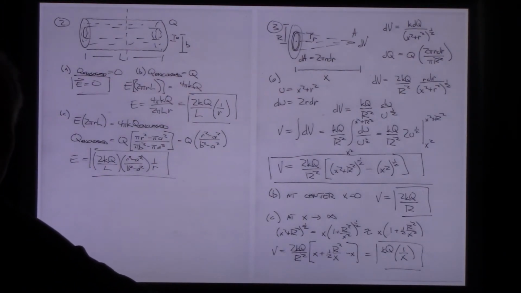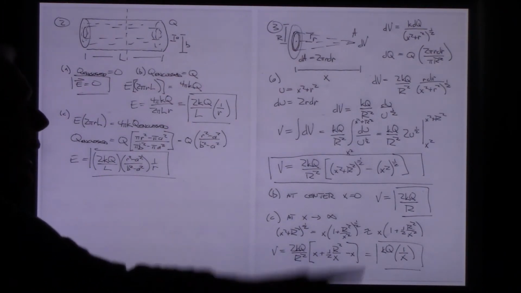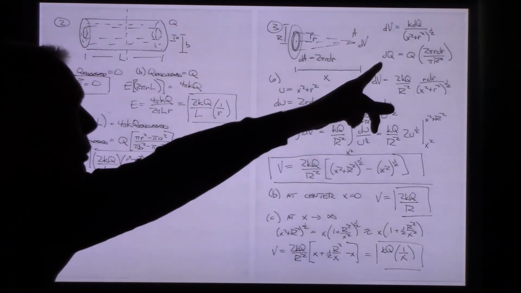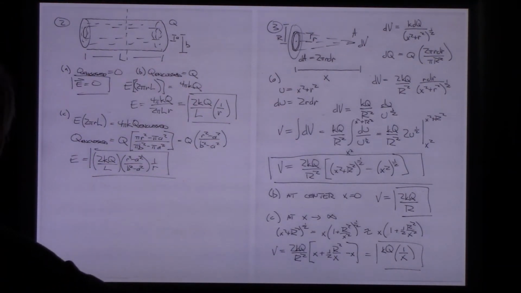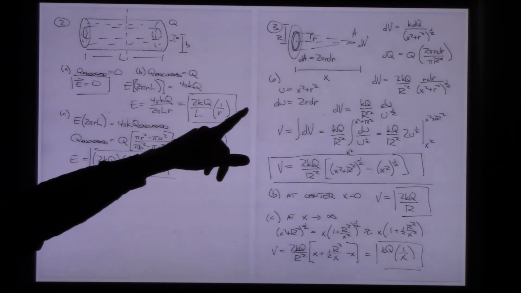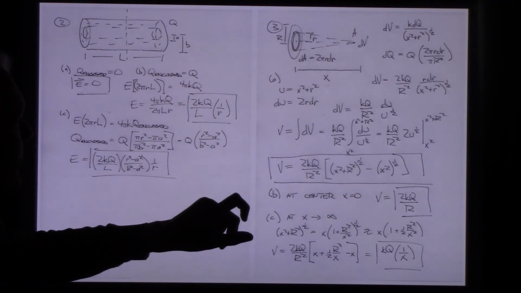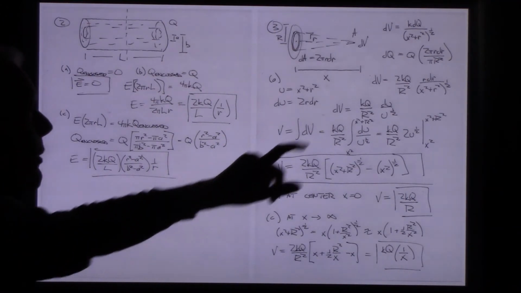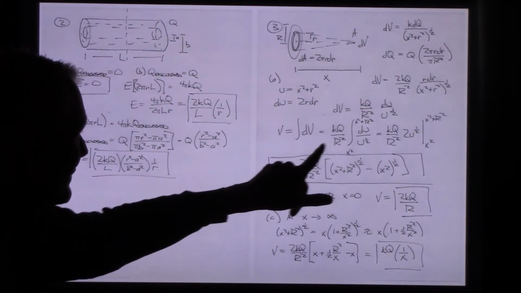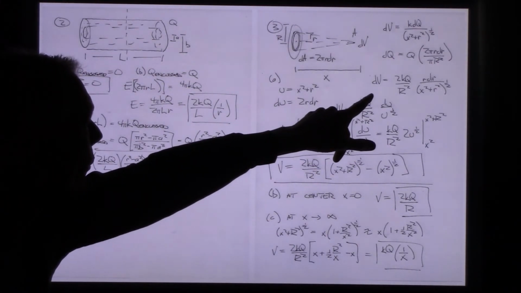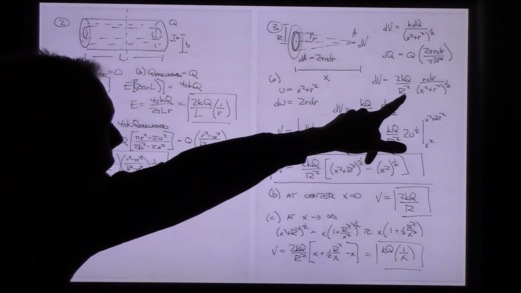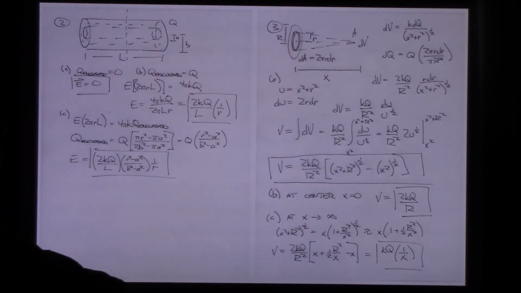Again, the charge was uniformly distributed, so that would be the fraction of the total charge contained in each of those infinitesimal loops. All right, so the integral looks like this. What we've done is we've got 2kq over R squared, r dr over x squared plus r squared to the half.